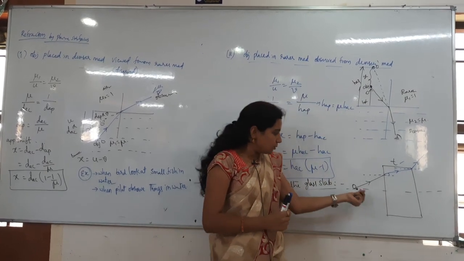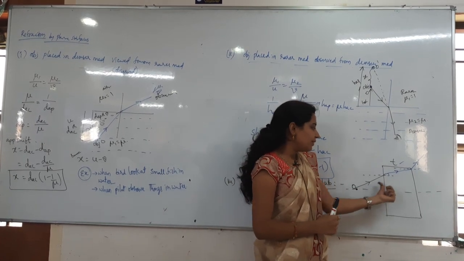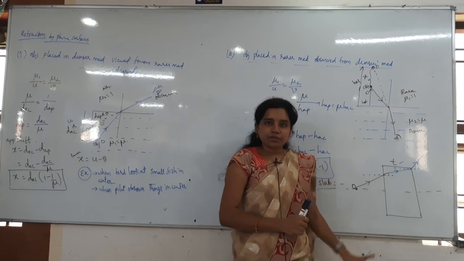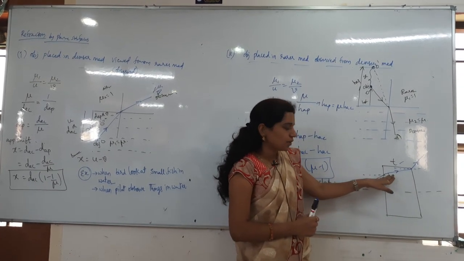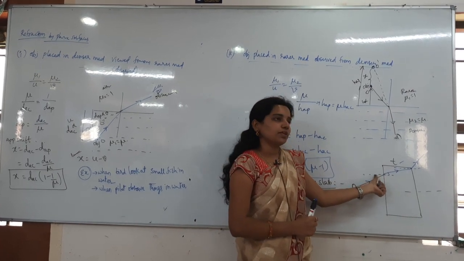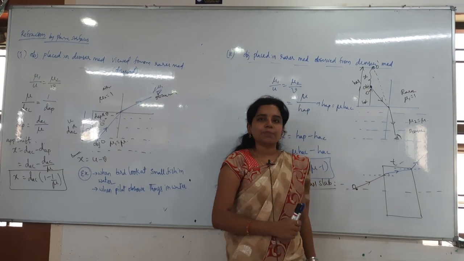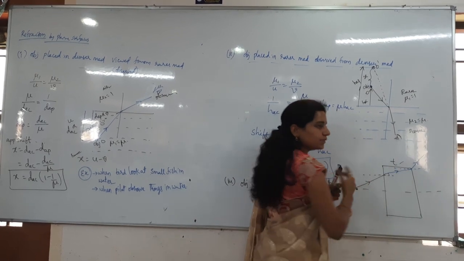So here object is placed in the rarer medium and then the light will travel from the rarer to the denser and then denser to the rarer. Whenever it is placed in the air, at that time the light ray is going like this and then hitting the boundary with respect to the normal. Whenever it is travelling from the rarer medium to denser medium, then what happens? Bends towards the normal. So instead of going in this way, it is bending like this.